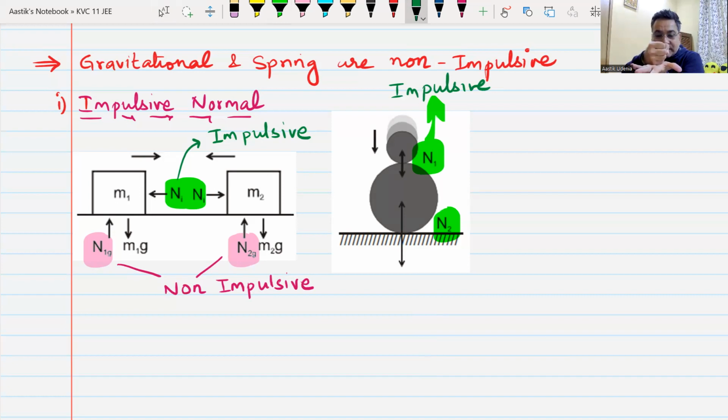Then the normal reaction coming from the ground: if there was no ground, this block would have moved down, but it cannot because it is restricted by the ground. So the ground must be providing an external impulse which cancels the impulse coming from the top, and therefore the ground's normal reaction also becomes impulsive. Do we understand what I have said? Both normal reactions are impulsive. Yes or no?